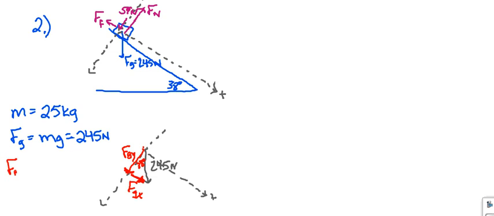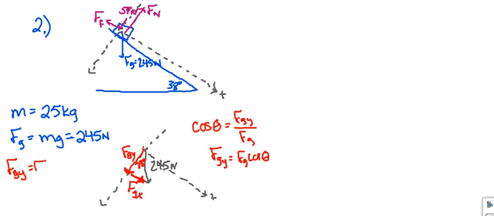Force of gravity in the y direction. We know that cosine of an angle is equal to the adjacent side, which is the force of gravity in the y direction, over the hypotenuse, which means that the force of gravity in the y direction is just Fg cosine of the angle.